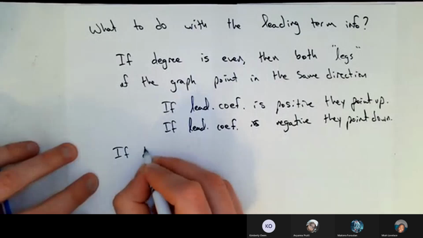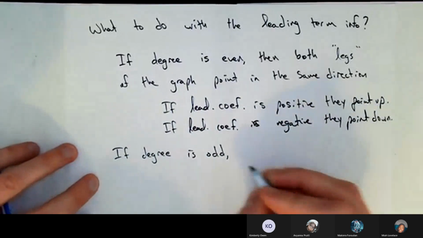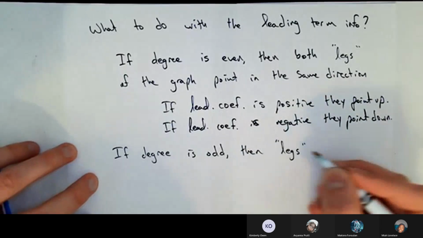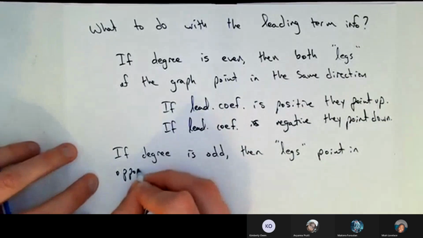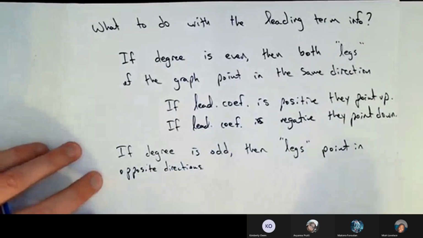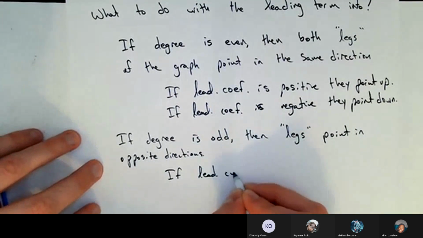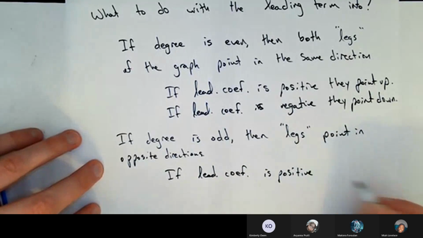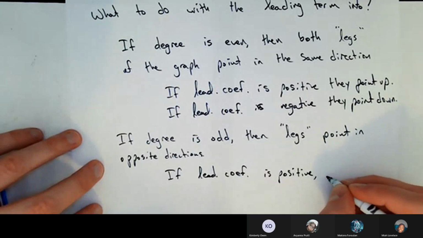And then we have if the degree is odd, then the legs point in opposite directions. If the leading coefficient is positive, I gotta think about how to say this.